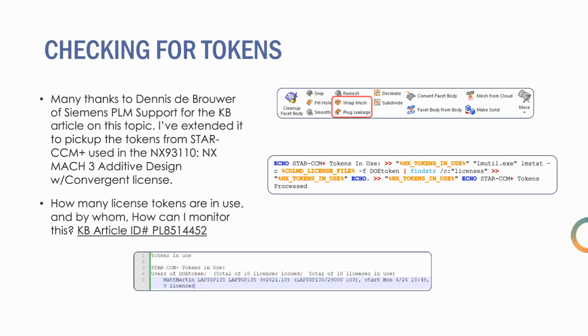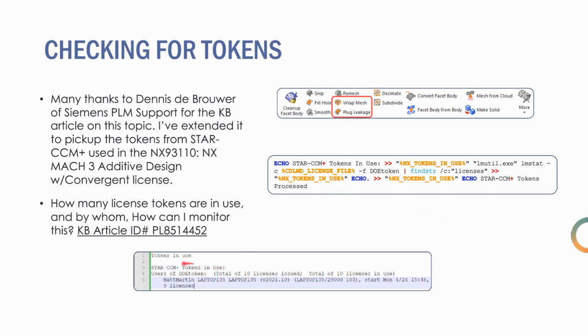But I wanted to make sure that I could either track them or understand who has the different tokens when they are in use. And this KB article that Dennis DeBrouwer created is posted up on the Siemens community site and is easy to find. But I've modified it a little bit to pick up these DOE tokens, and those are the Star-CCM+ tokens that I'm working with.